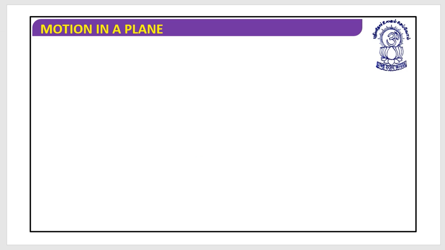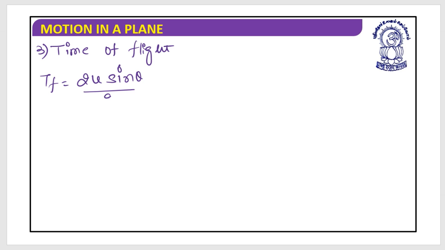Great. Now let's work on the third part. It's the time of flight. Next they require the time of flight. So time of flight is equal to 2u sine theta divided by g. It is 2 multiplied by 30 multiplied by half divided by g.